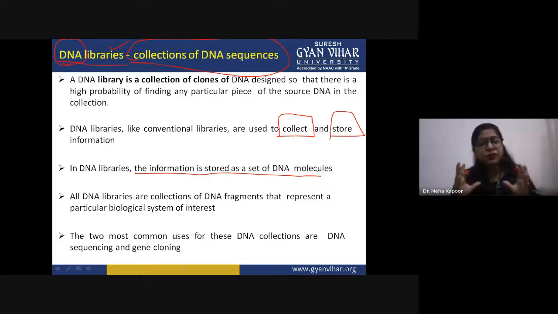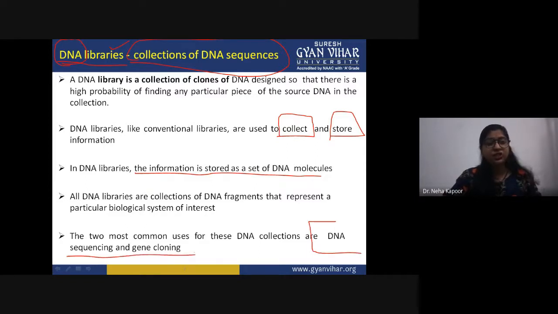The most common reason why we need to construct such libraries is that they are of immense importance in DNA sequencing and gene cloning. In these two cases, DNA libraries are used immensely.